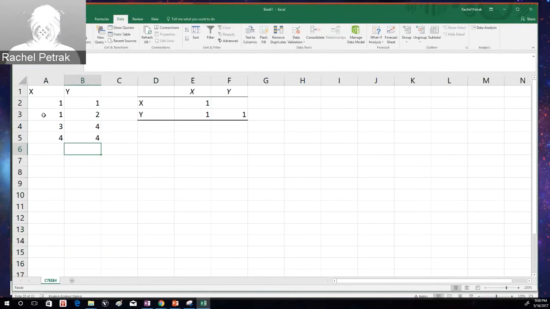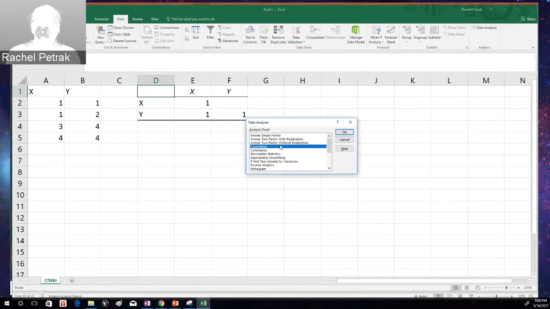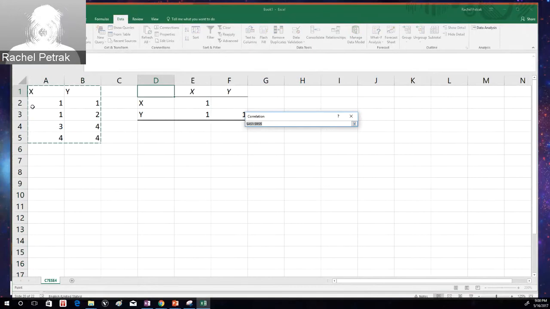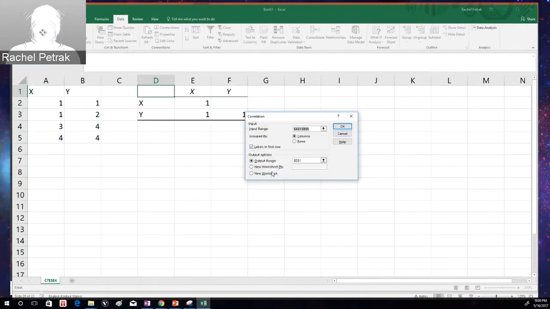You might have noticed when I changed the data points, this output did not automatically update. It does not automatically update. If I want a new correlation for these new points that I've entered, then I need to run a new analysis. I just go back to my analysis tab, click correlation, okay. Excel already remembers where the data is at. You can see it already knows where it was from the previous analysis, and it has saved all of my previous settings.